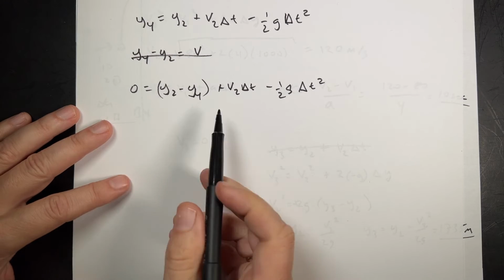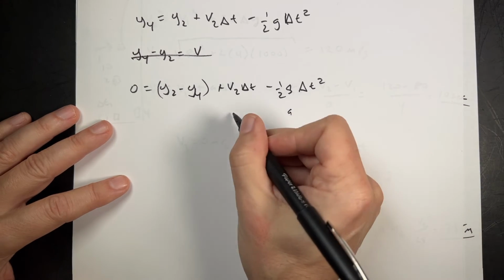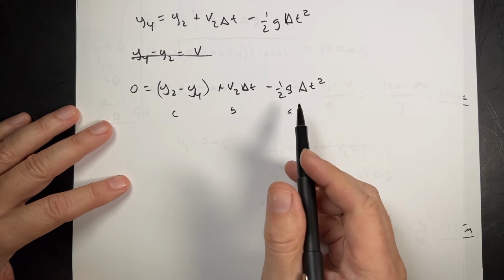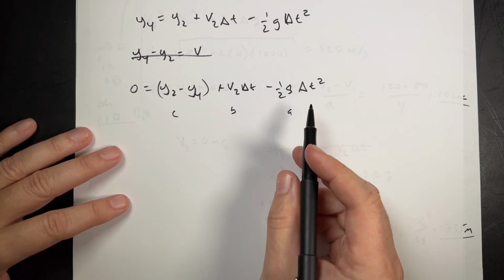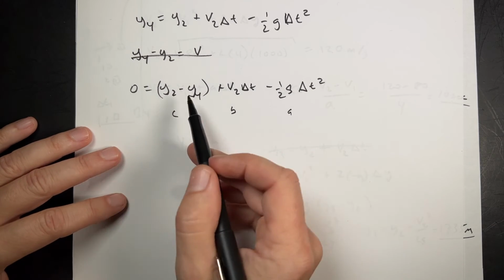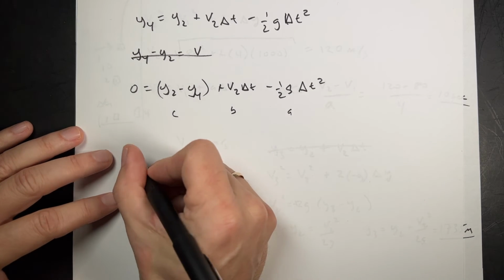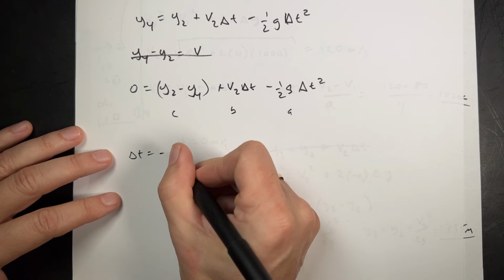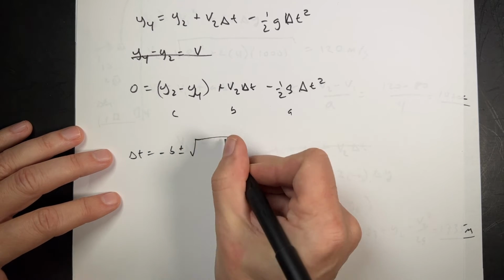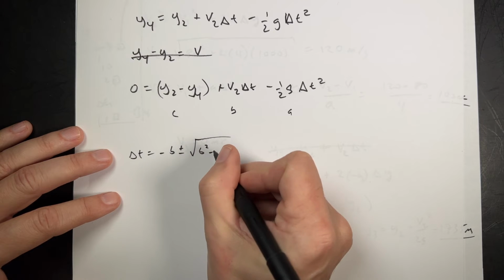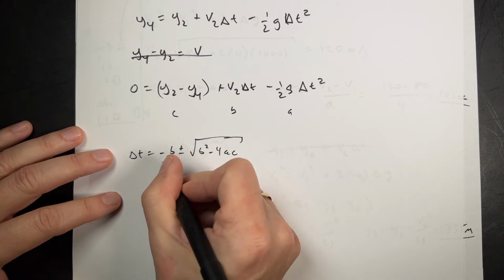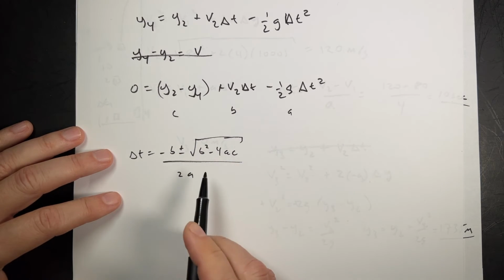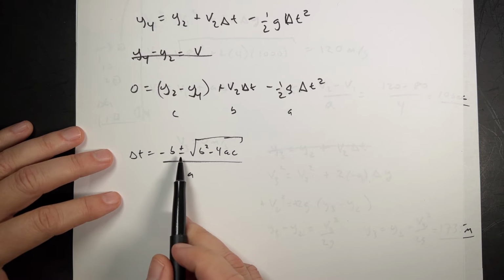Now, I have this in the form of a, b, c, right, in the quadratic equation. I'm going to go ahead and put numbers in for all these things. So I can say delta t is negative b plus or minus the square root of b squared minus 4ac, all that over 2a. Now, I'm going to get two answers here, okay?